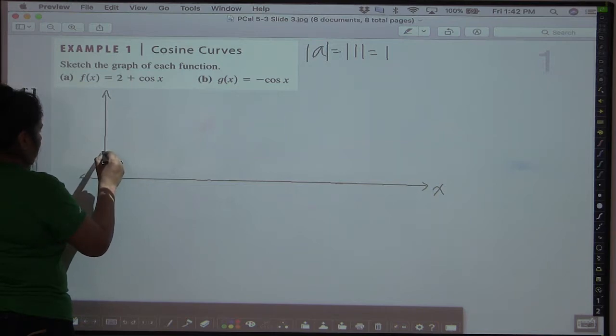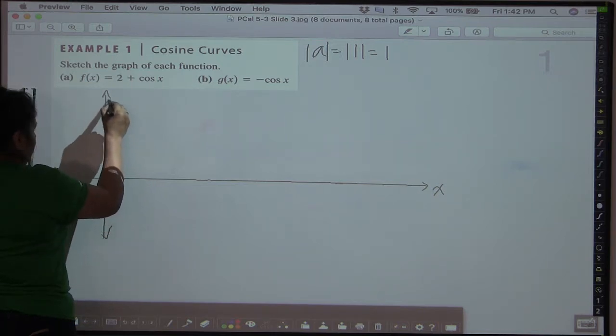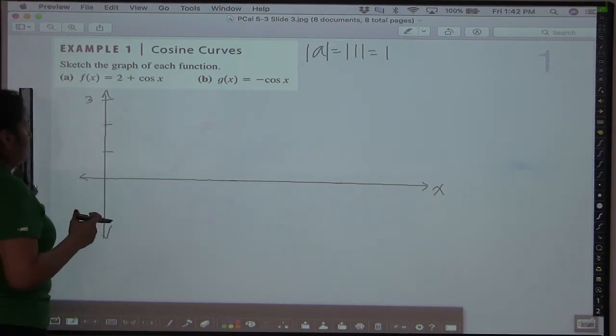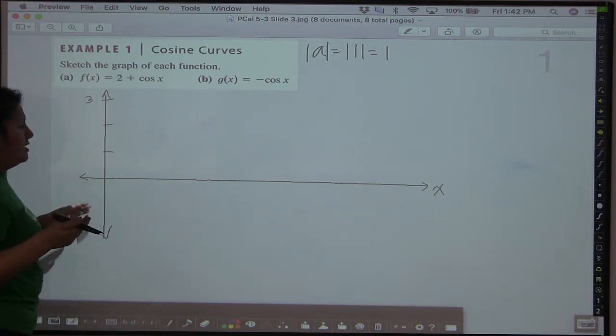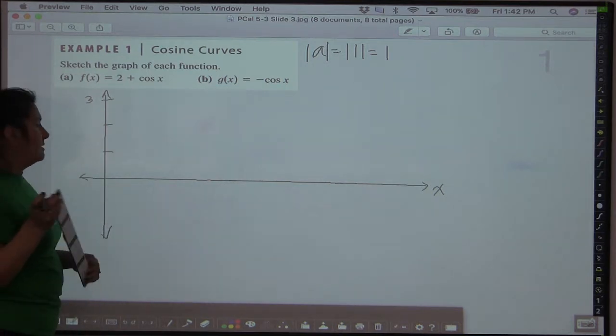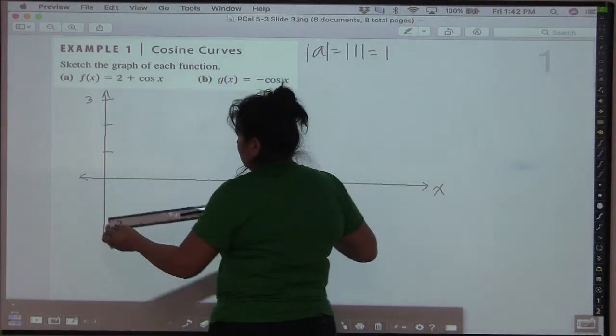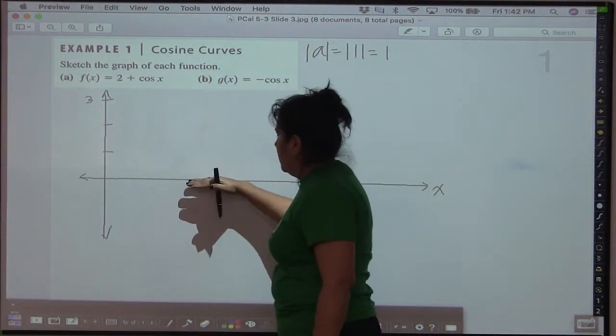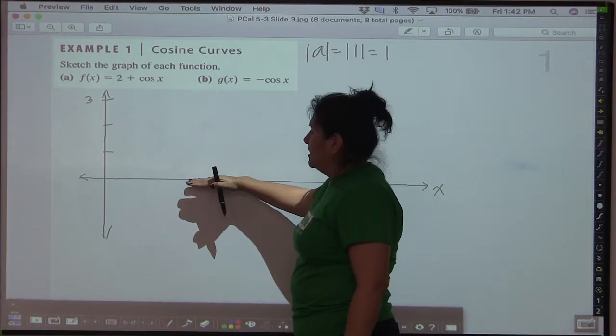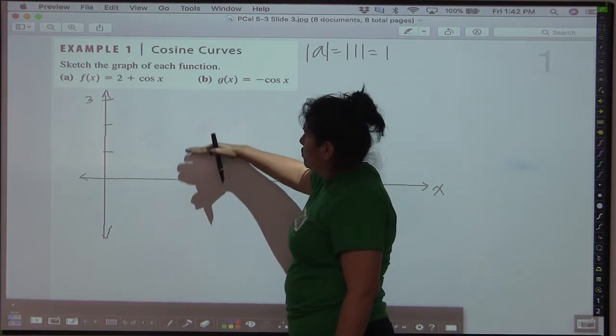So I'm going to go with 1, 2, 3. And what I like to do is to draw myself another horizontal axis because I know that this graph is going to shift 2 units up. So instead of the middle of the graph being right on the x-axis, the middle of the graph is going to shift 2 units up.